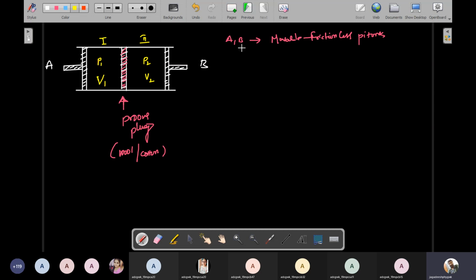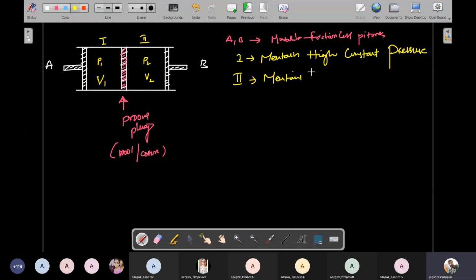Chamber 1 maintains a high constant pressure, and chamber 2 maintains a low constant pressure. Understand?